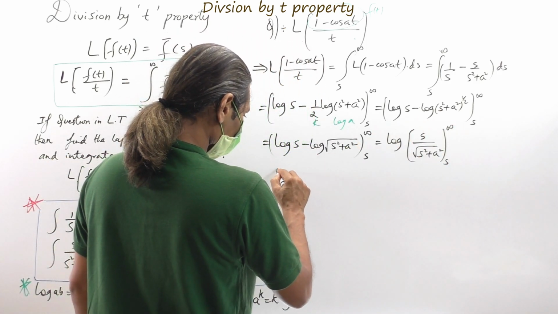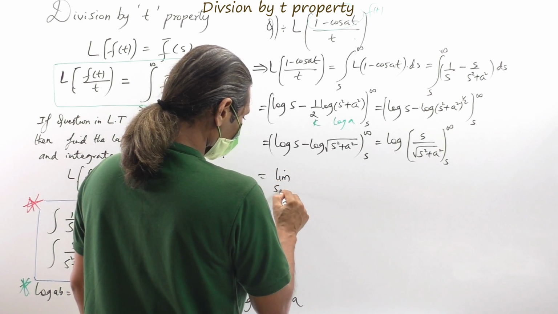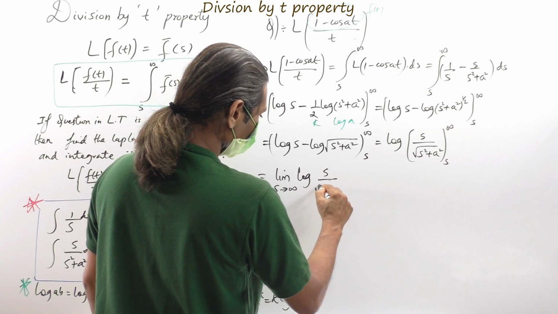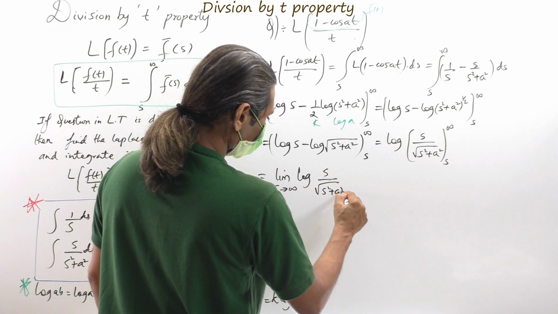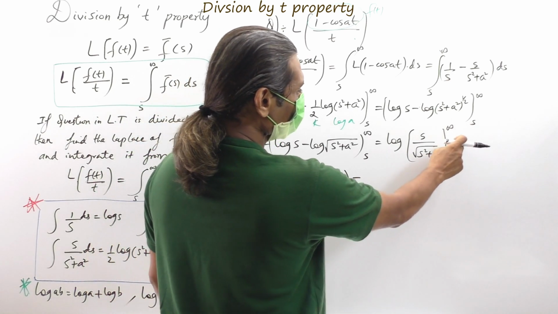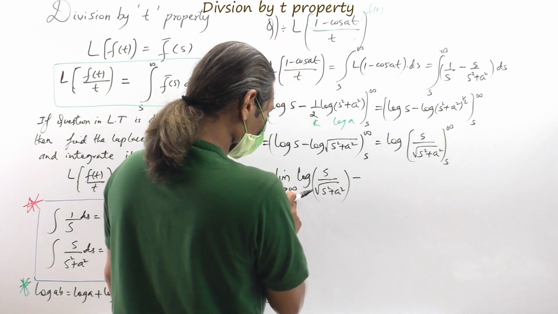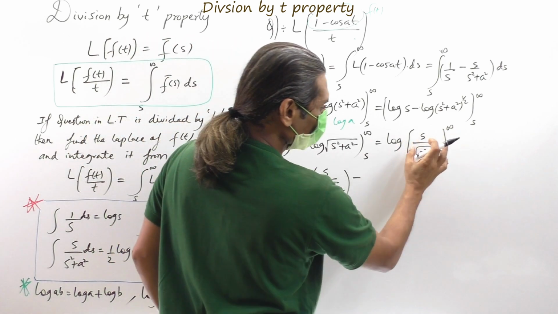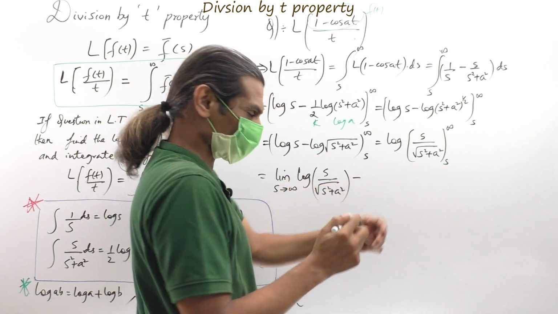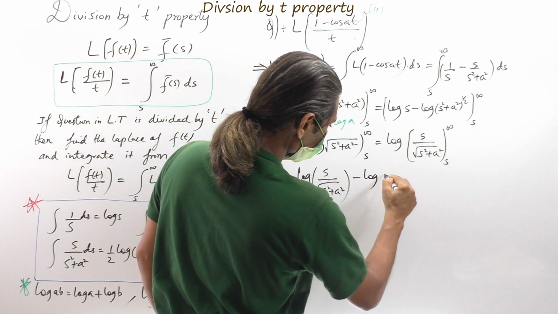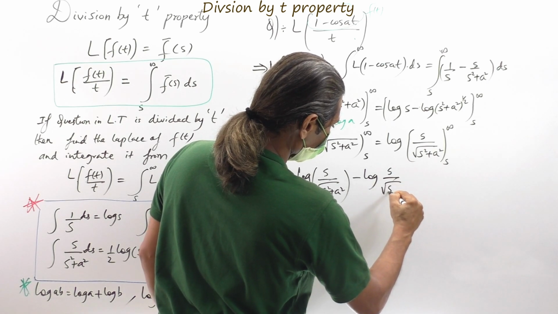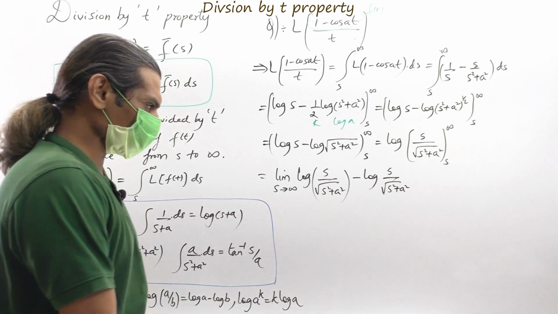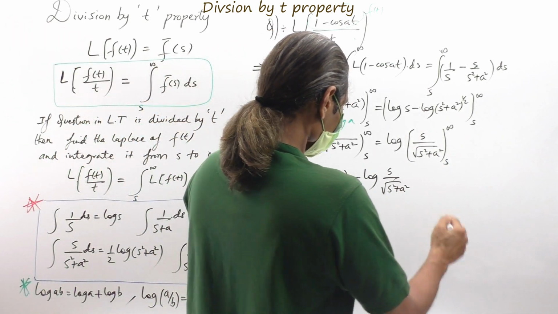So write this as limit as s tends to infinity of log of s by root of s square plus a square, minus, in place of s put infinity, since I have to find the value at infinity, and here in place of s put s as it is, since the bottom limit is s. This will be log of s by root of s square plus a square as it is. Fine. So I apply the top limit and the bottom limit now. Now, how can I solve this limit?